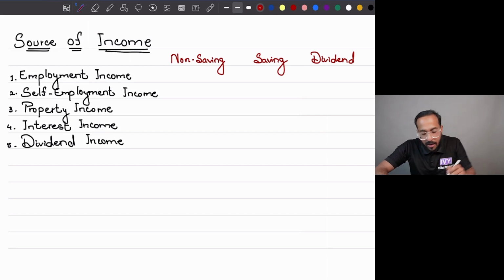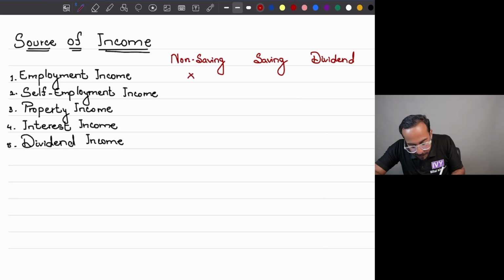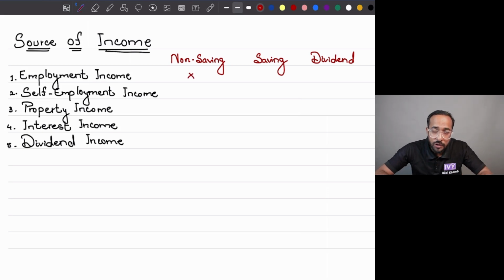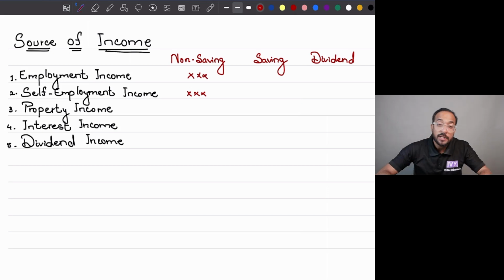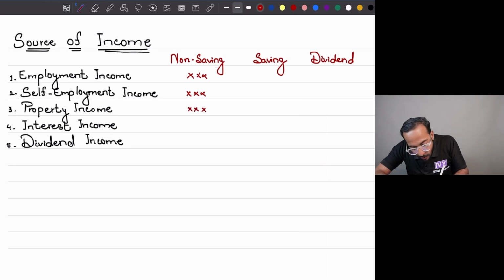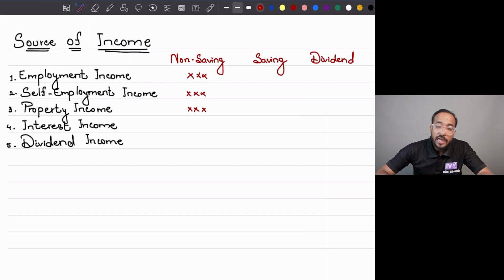So employment income will be the part of non-saving income. Self-employment or trading income will be the part of non-saving income as well. Property income will be the part of non-saving. These three sources belong to the non-saving head, right?